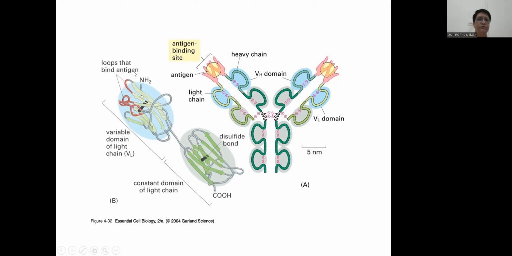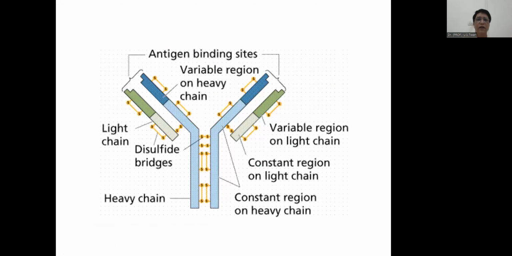There is a loop that binds antigen, which is located here. If I enlarge this area, this is the antigen binding site, this is how it looks. And this is a loop that binds the antigen, and there is a variable domain of the light chain in this antigen binding site.